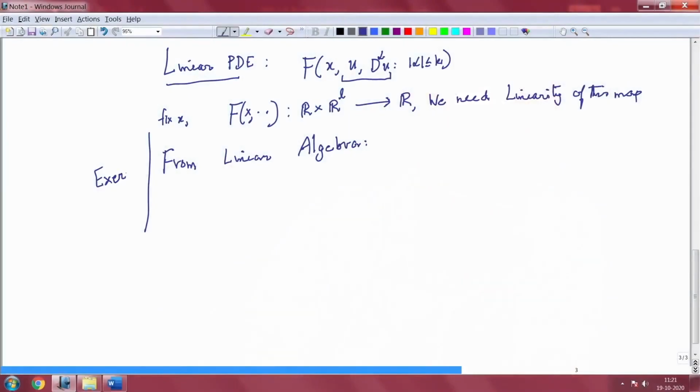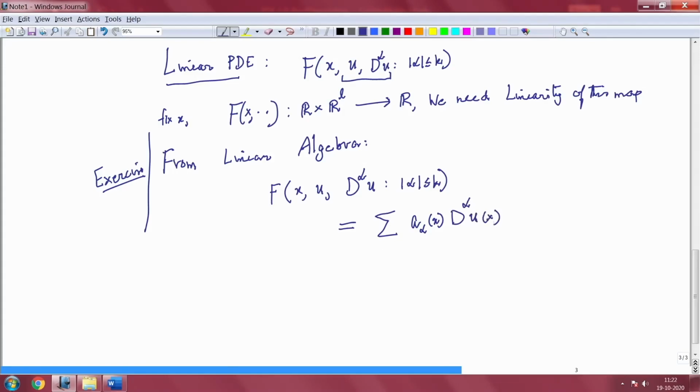This exactly tells you that you can write f(x, u, D^alpha u), mod alpha less than or equal to k, as a map, sigma a_alpha(x) D^alpha u(x), mod alpha less than or equal to k.